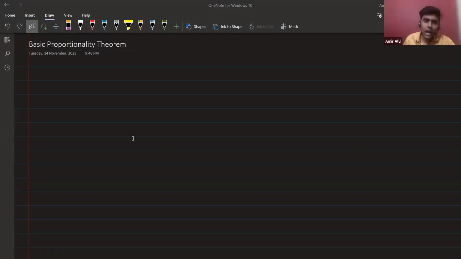Okay, Adil, if we talk about the similarity of triangles, we first have the conditions. To say that two triangles are similar, we have to say that their corresponding angles are equal and their corresponding sides are in the same ratio or in proportion.